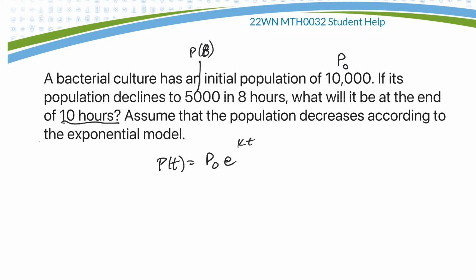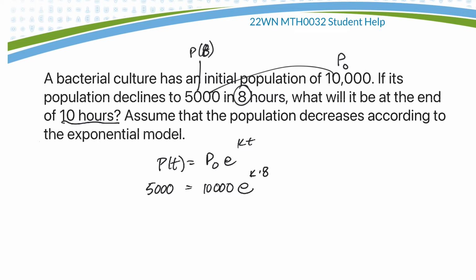So if I start with 10,000 and I end with 5,000, I don't know what k is, so I don't know that population decrease. But I know it went from 10,000 to 5,000 in 8 hours. So that's what my time is, 8.